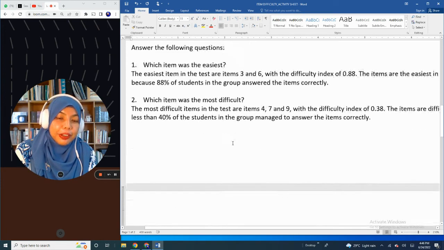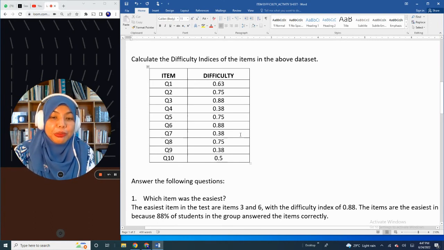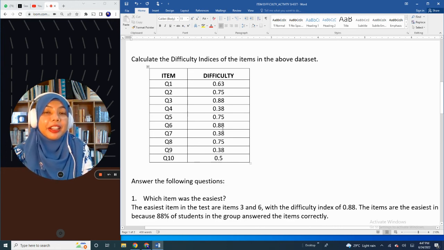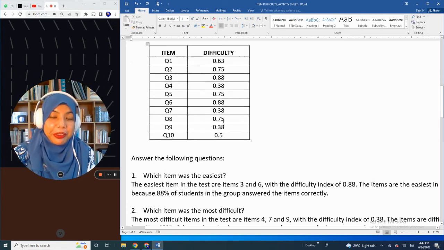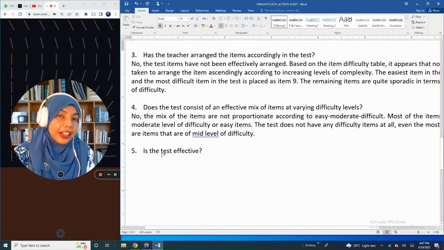So I would not consider this test to be not effective. Some of the items are okay. It's just that we are lacking difficult items that can challenge the thinking of our high ability students. That's the only thing. So I would consider the test as not that effective.